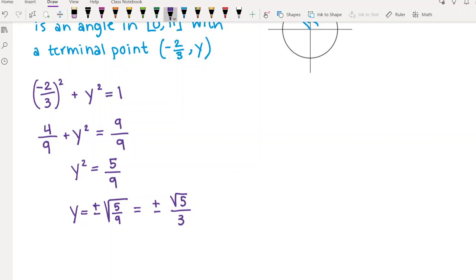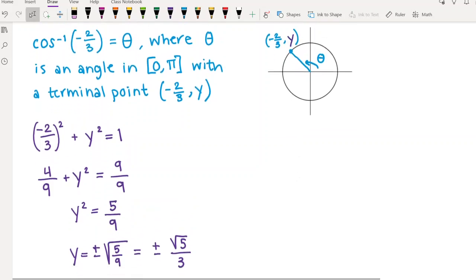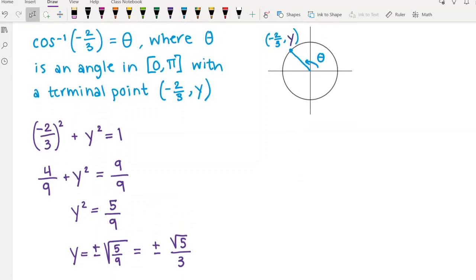So how do we know whether it's plus or minus? Well, going back to our picture here, we can see that the y-coordinate is positive, right? Because of where we are on the unit circle. And that basically comes from the fact that inverse cosine has to be angles in this part of the unit circle. So that means that the y-coordinate is guaranteed to be positive. We know that our original angle was not this one down here, right?